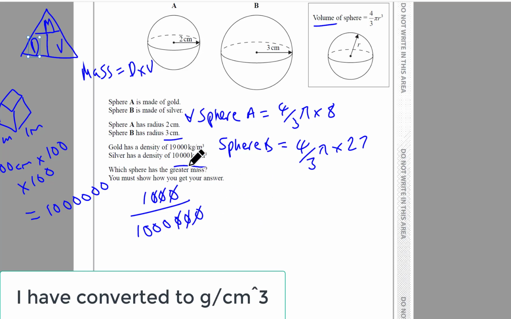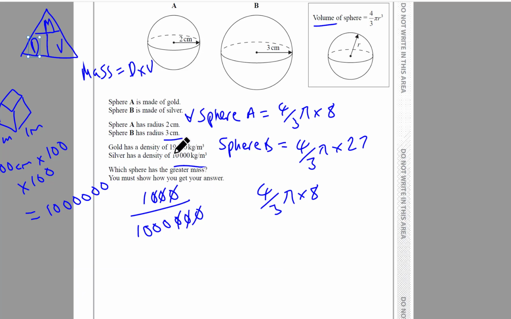So sphere A, the mass is going to be 4/3 times pi times 8. Now, if we do 19,000 divided by 1,000 here, or times by 1/1000, that's just going to be times 19.